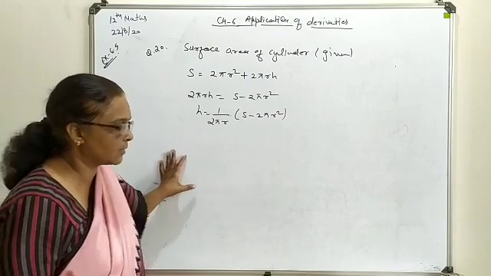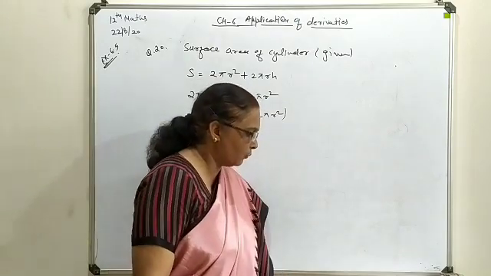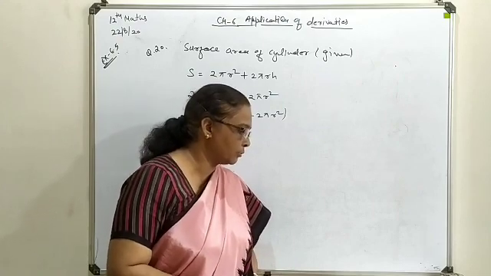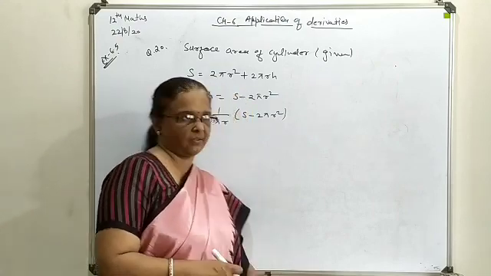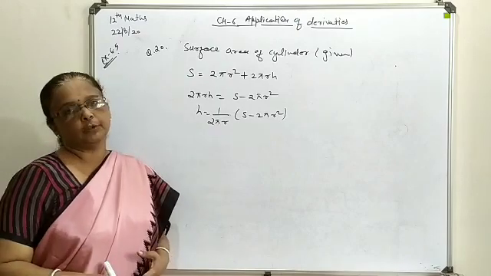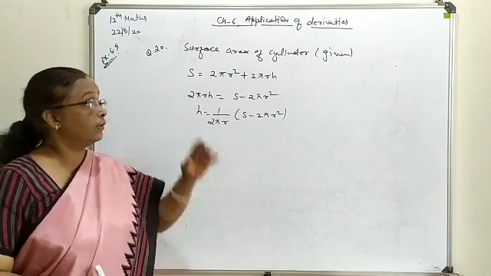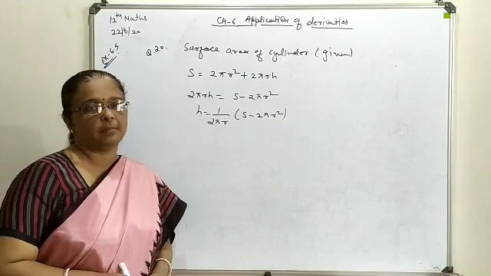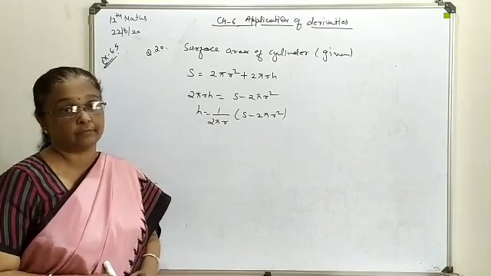Now next what is being asked? Maximum volume is such that its height is equal to the diameter of the base. Means h is equal to 2r, you have to prove.